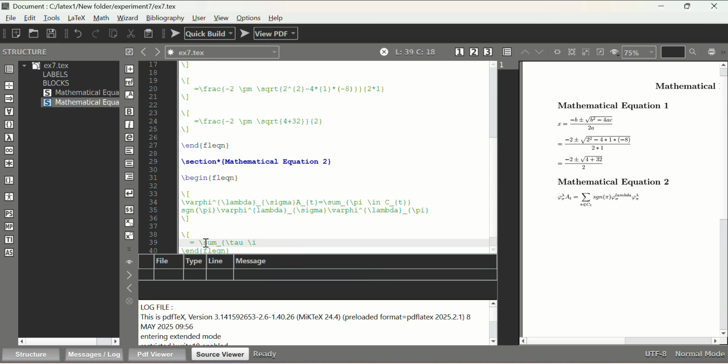Again we have summation. Now we are using tau. For tau in LaTeX we write backslash tau, belongs to, written as backslash in, C underscore sigma t.